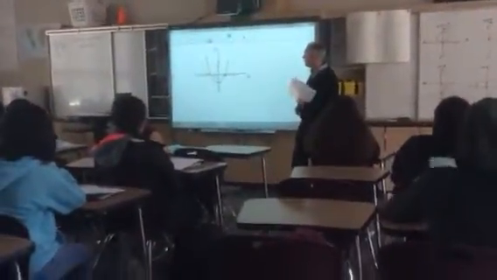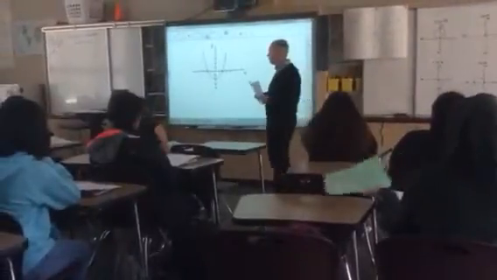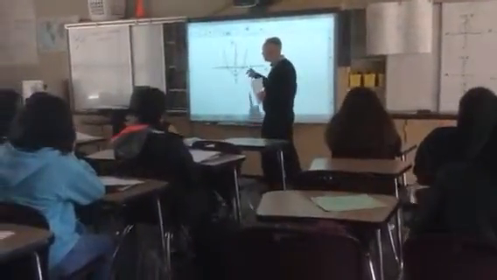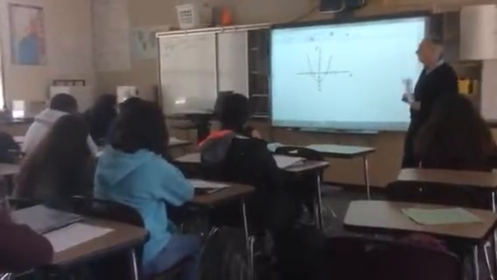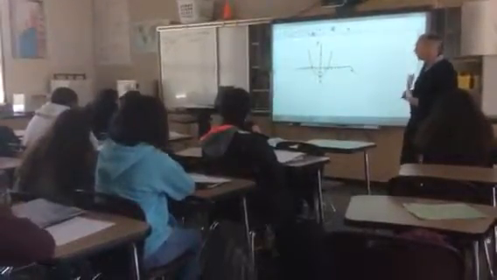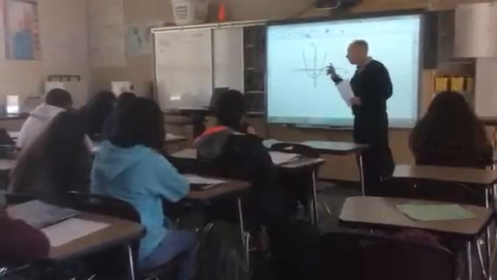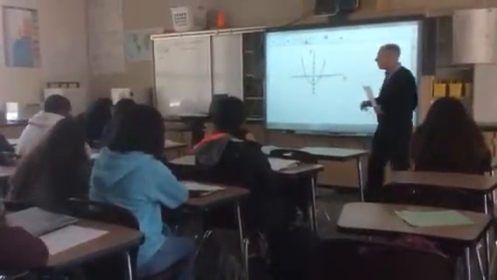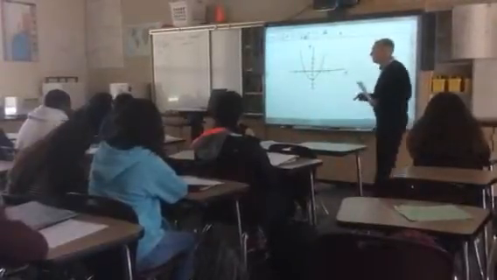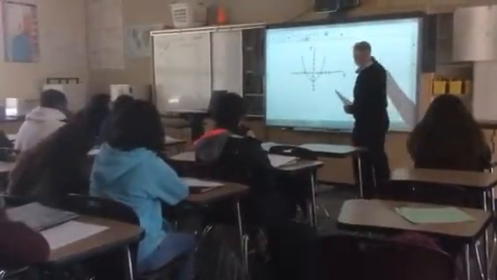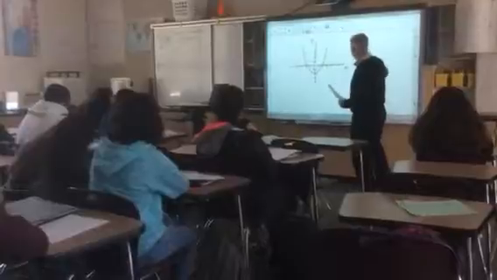Let me ask you then, Alexa, if you look at this graph here, can you tell me where is the x-intercept? There are two of them on this graph. Can you tell me what those points are? Excellent.